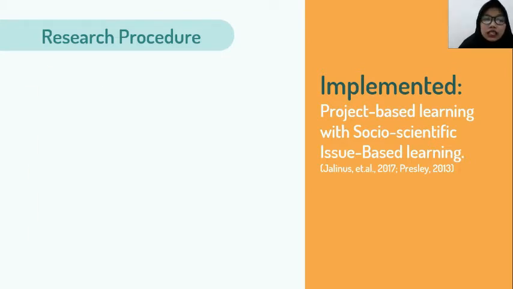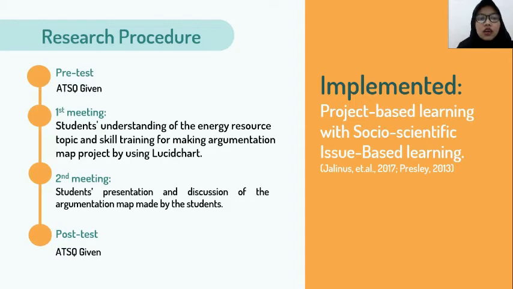This study was done in 2 meetings, and before the first meeting, the students were given the attitude towards science questionnaire. In the first meeting, 6 syntaxes were done, focusing on student understanding of the energy topic and skills training for making an argumentation map as the project, made by using a widget chart.